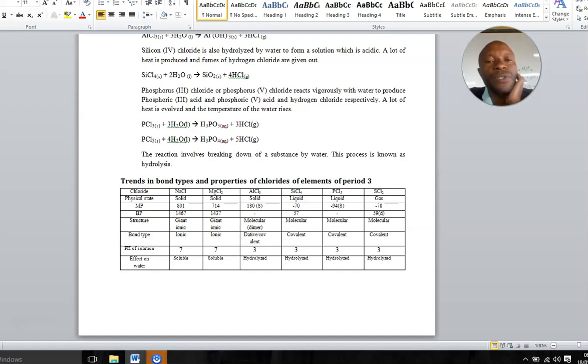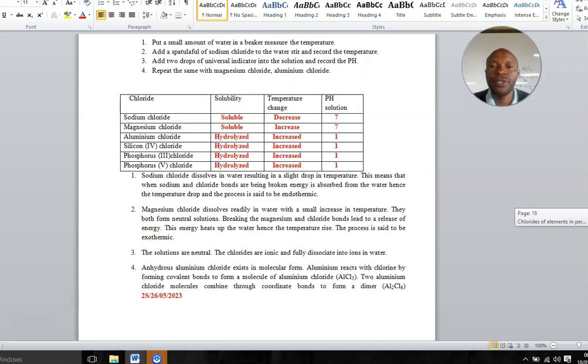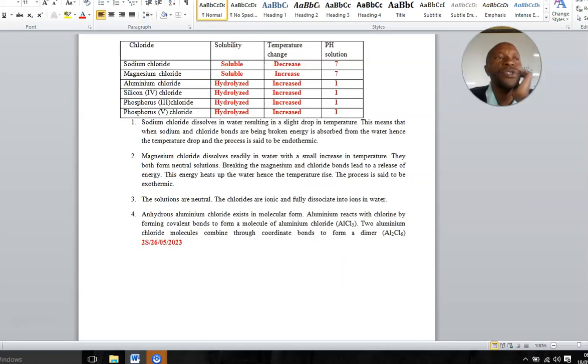So those are two acids being formed. And phosphorus 5 chloride, again it undergoes hydrolysis, giving us phosphoric 5 acid and HCl. So again, a lot of heat is generated in this process, and the pH of the resulting solution is 1.